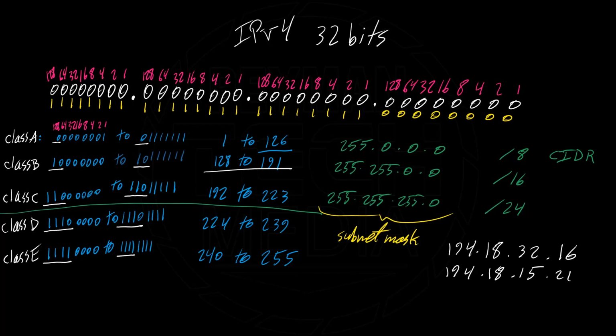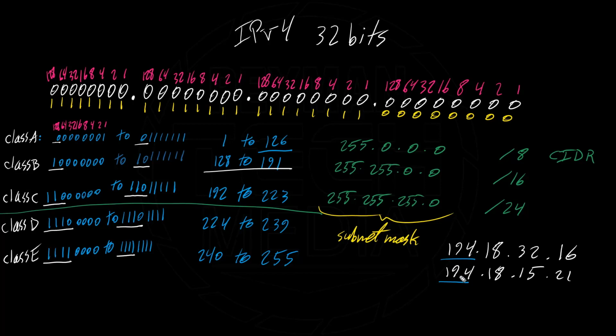Looking at the first octet, 194, we can tell what class this is. 194 falls into this range, between 192 to 223. So therefore, 194.18.32.16 is a Class C address. Also this one, the 194, falls into this range, so that's also a Class C IP address.